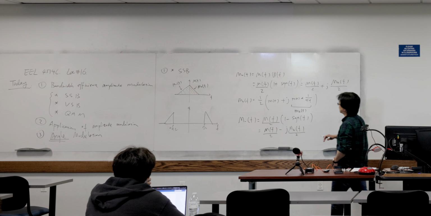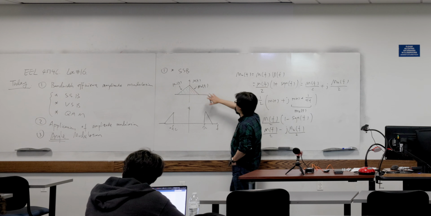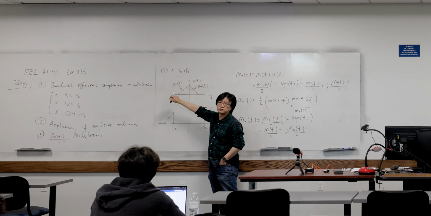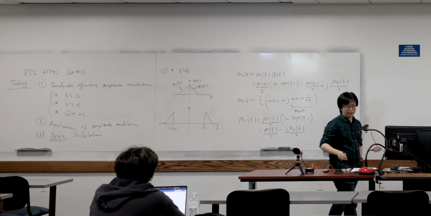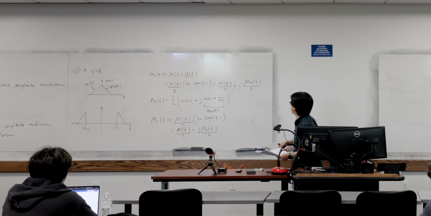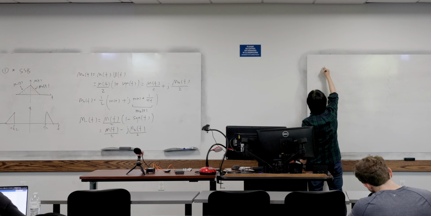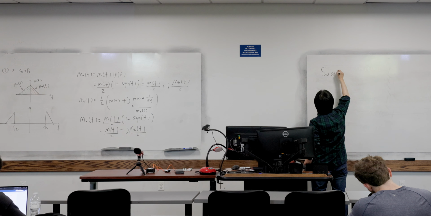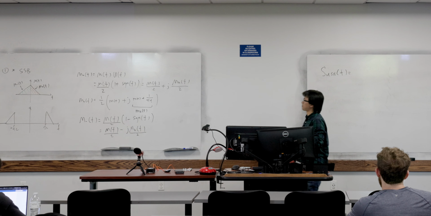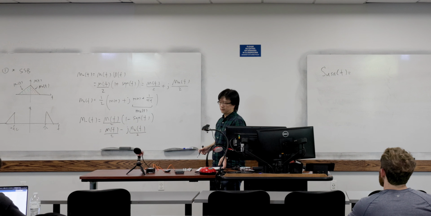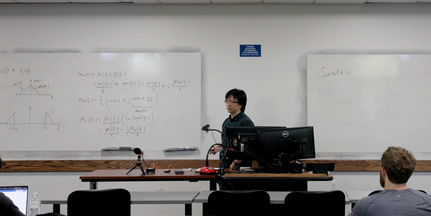Okay, so now we know how to represent the plus part and the minus part. Given this, how can we write down the modulated signal, USB of f? In the frequency domain it's easy to write, while in the time domain it may not be easy.